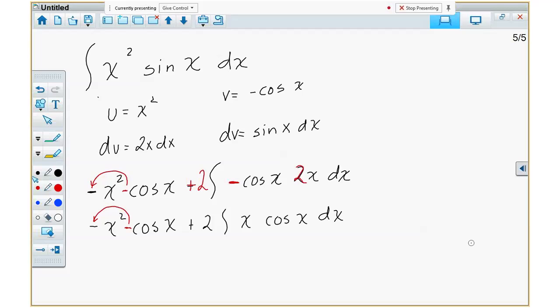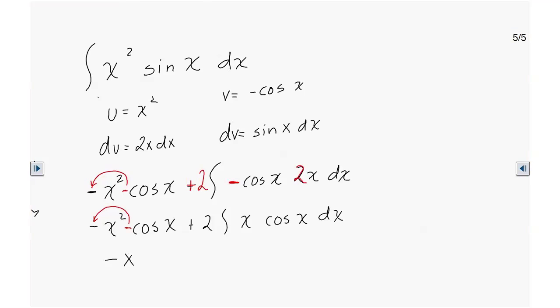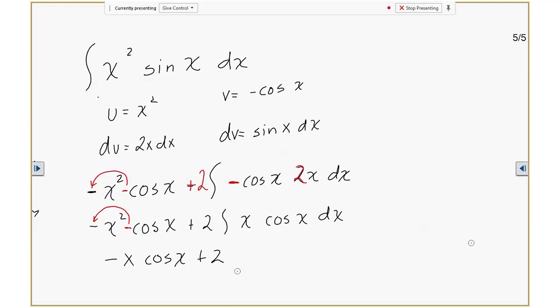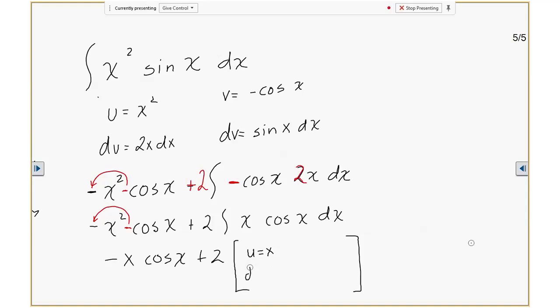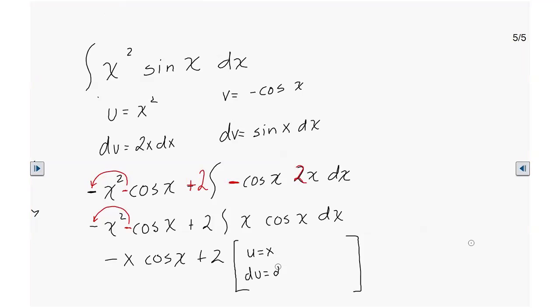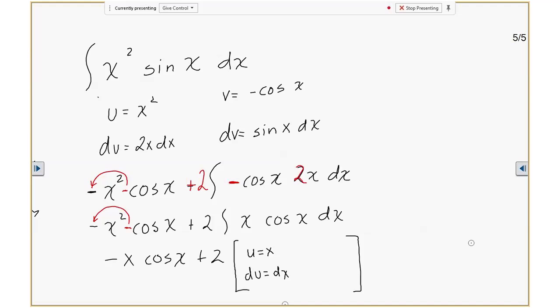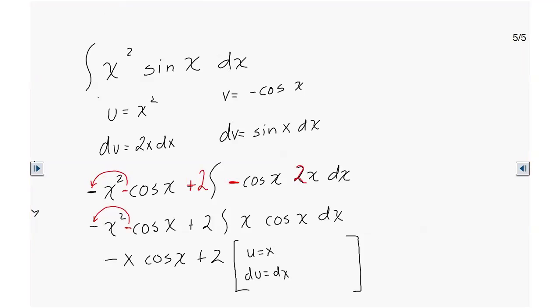Okay, so what we got? We got negative x squared cosine of x plus 2, and then we got, and I'm just gonna put a big bracket here, and then we're gonna put u equal to x, du is equal to what? dx, and we can make dv equal cosine x dx.